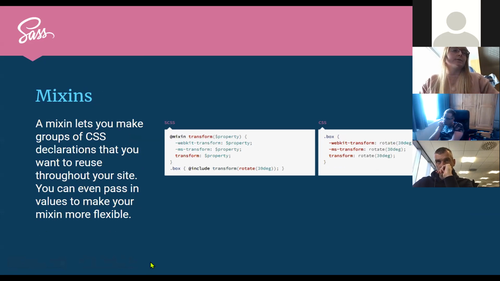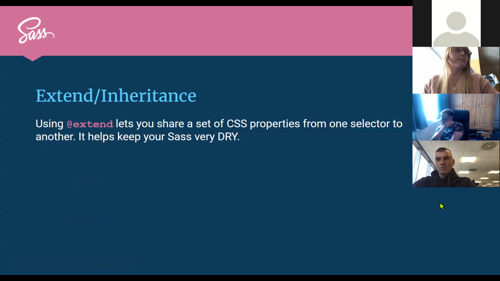Mixins is a group of CSS declarations. If you wanted to reuse a style, you could import that into the file that you're using, and then you can pass in values to make them more flexible. Extend and inheritance lets you share the CSS properties from one selector to another.